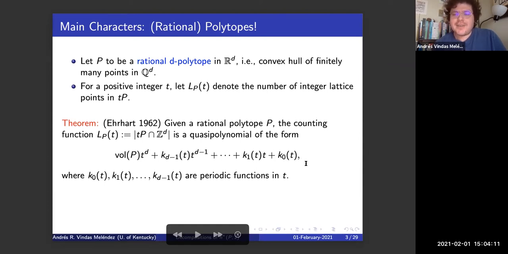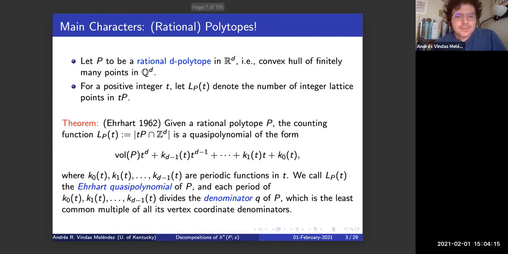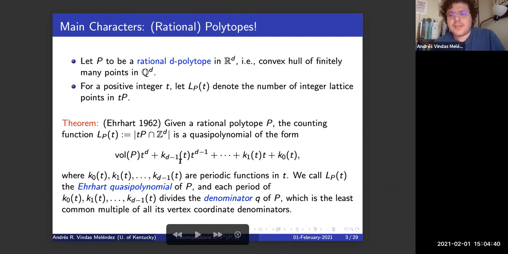You might say, okay, Andrés, that's nice, but what is a quasi-polynomial? I'll get to that in a moment, but I want to say that this is called an Ehrhart quasi-polynomial, and each period divides the denominator q of P. I'm defining this denominator q to be the least common multiple of all its vertex coordinate denominators. I'll give more examples to make this more concrete.